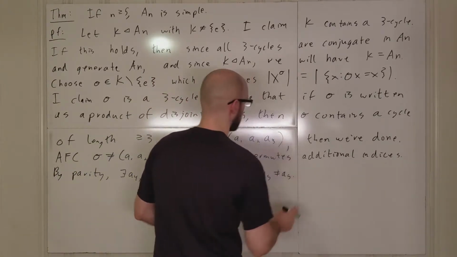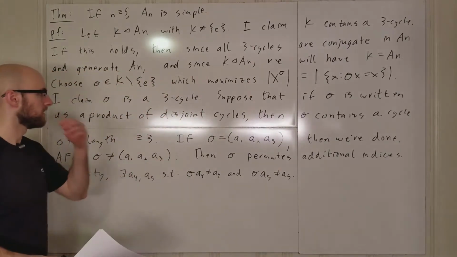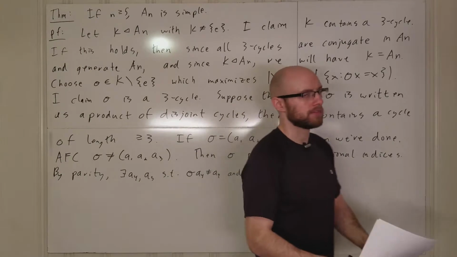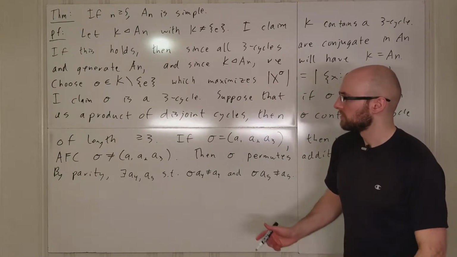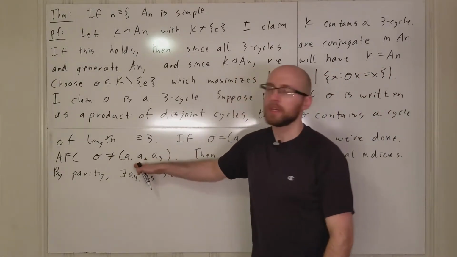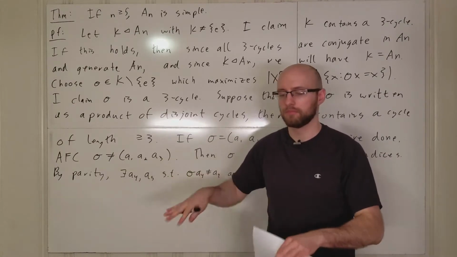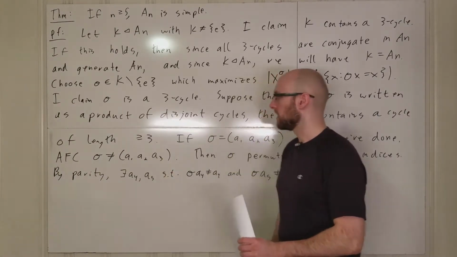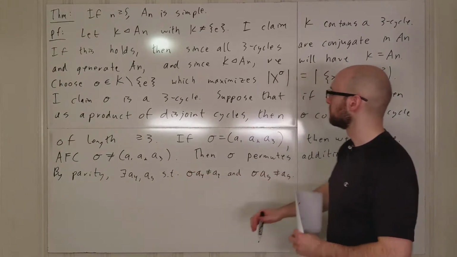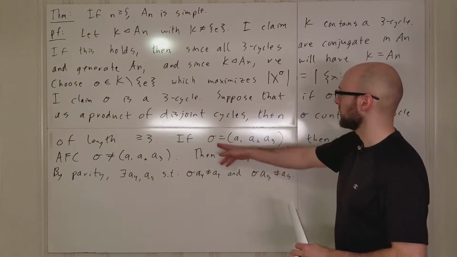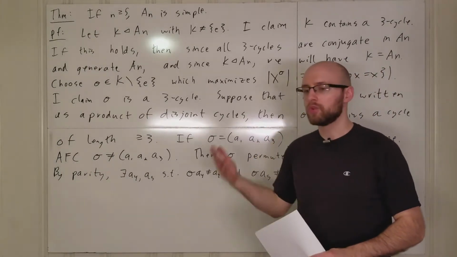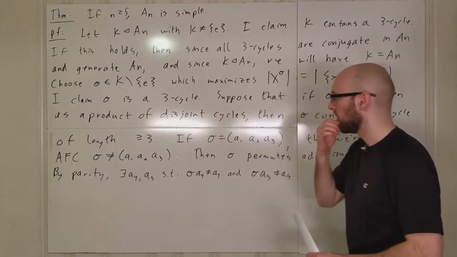And when I say by parity, what I mean is that A_n consists of even permutations. So sigma can be written as a product of an even number of transpositions.